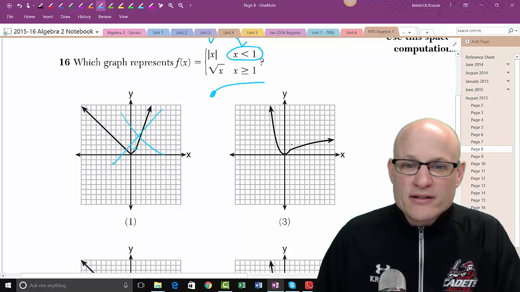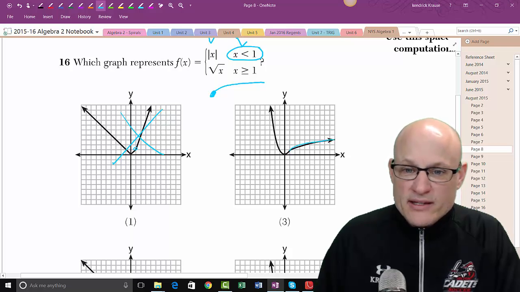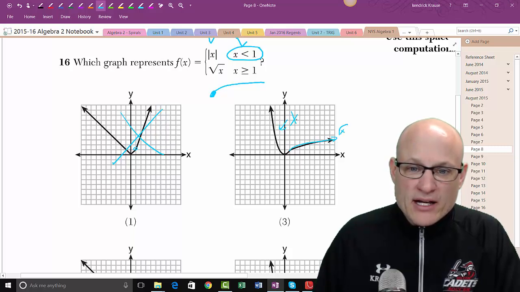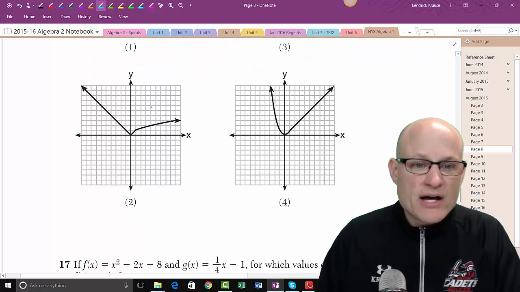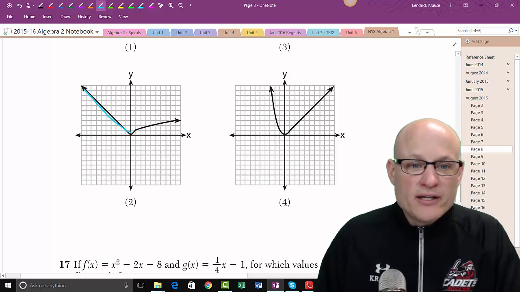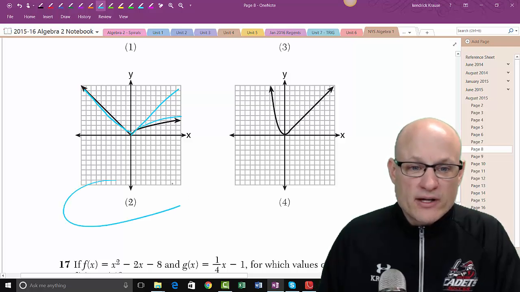That's not it. This one has the right side. This is the square root function, but this is a parabola. This is an x squared function. Notice it's round. We're looking for a v, a straight edge. This one looks like it. Got a straight edge, part of the v going this way. It would continue on like that, but because at 1 it does a square root function. So there's your answer, kids.